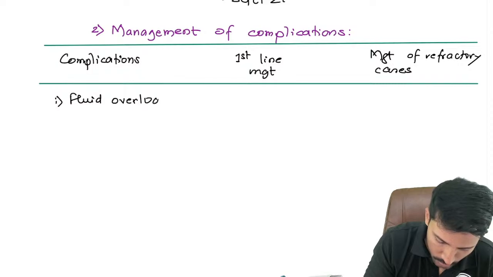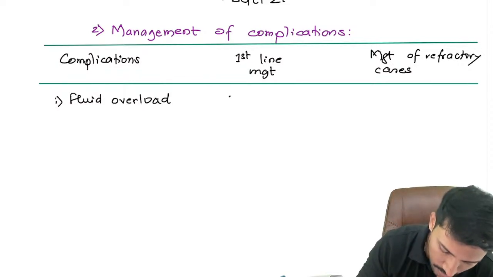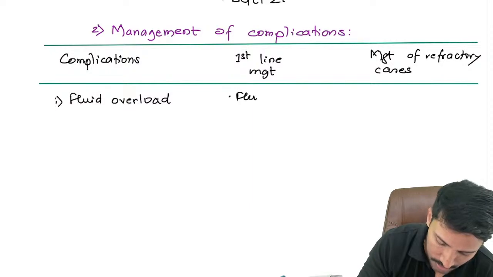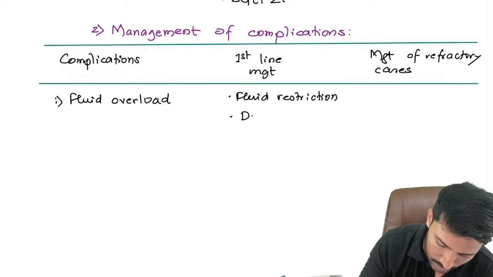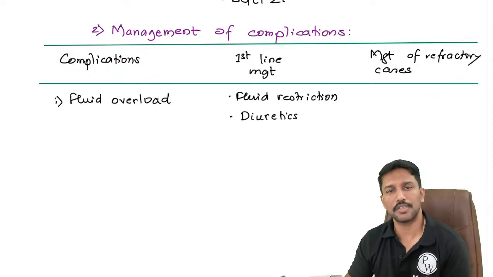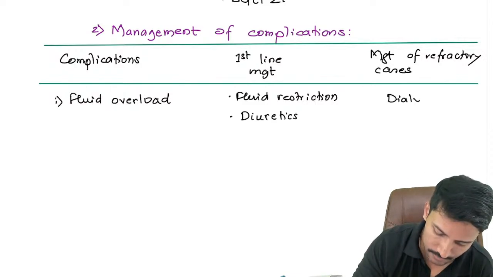Your kidneys are not able to eliminate urine, oliguric. What can I do? One thing I can do is fluid restriction. Restrict the amount of fluid that the patient is taking depending on his urine output. Second thing I can consider is diuretics, right? If fluid restriction and diuretics don't help, then I have to go for dialysis.